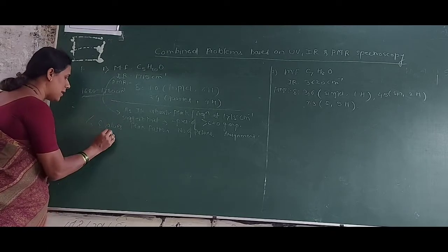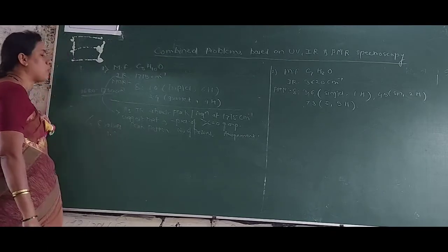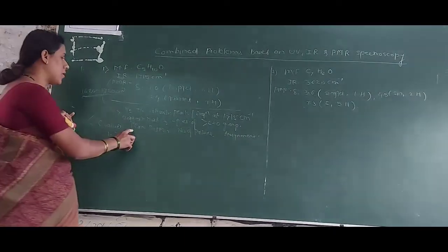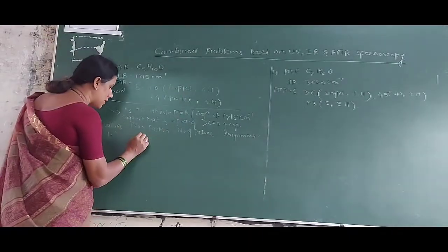Now the first delta value appears at 1.0. What is the peak pattern given to you? That is a triplet.